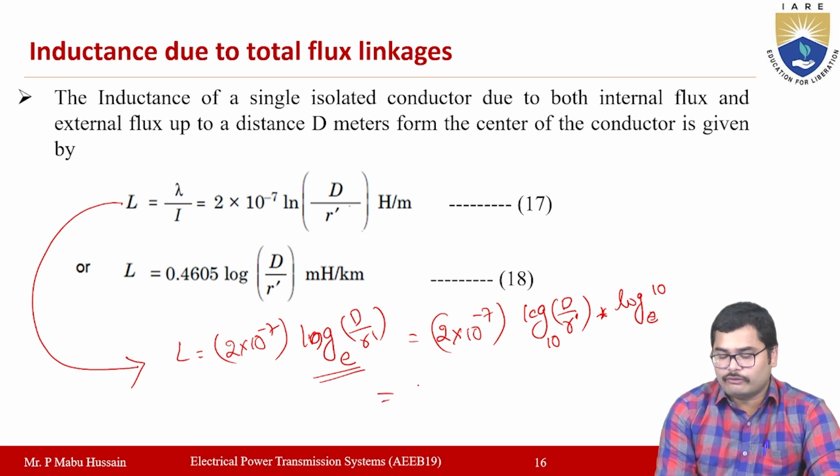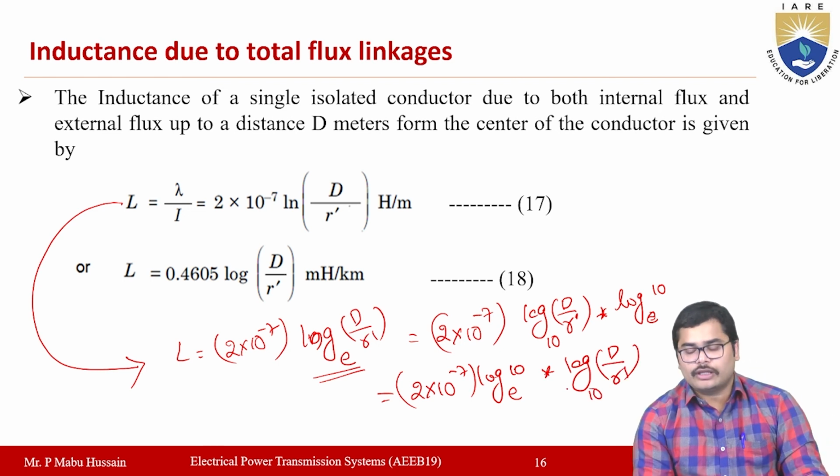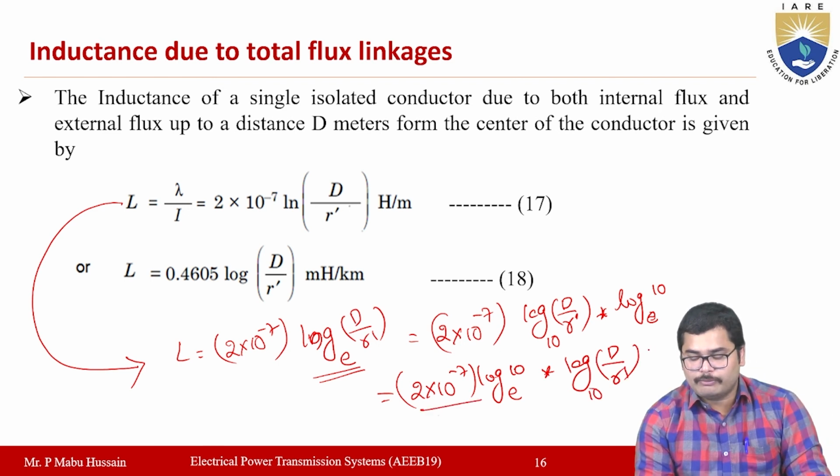Now the value is 2 into 10^-7 log 10 to the base e multiplied by log d by r dash to the base 10. This will be in henries per meter.